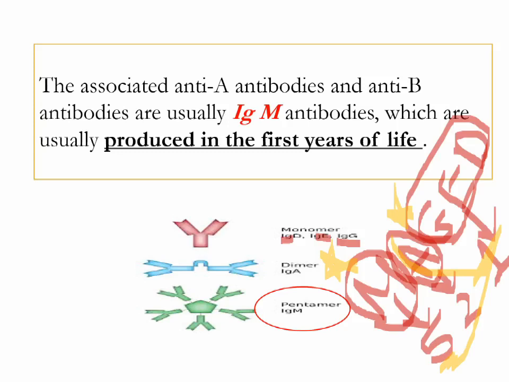When the scientists started to search how that happens, how your body forms antibody against an antigen which your body hasn't seen before, they found out that antigen A and antigen B are carbohydrates in nature. And during your first years of life, you are exposed to different environmental factors like food, which is carb in nature, like microbes, which might have carbohydrates or polysaccharides expressed on the outer surface.